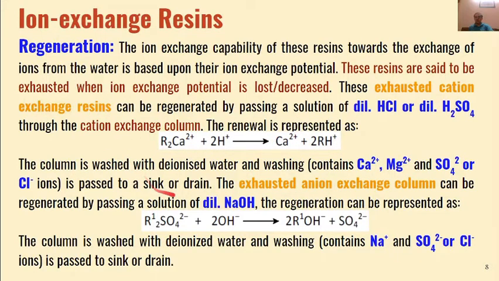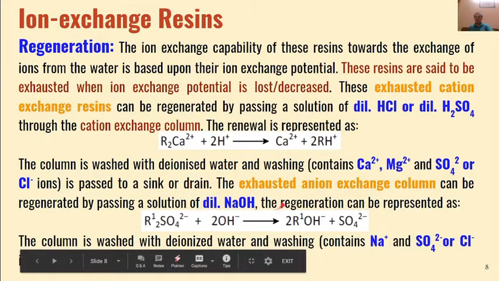Similarly, an exhausted anion exchange column can also be regenerated if we treat it with dilute sodium hydroxide. And we know that the hydroxyl ions present in sodium hydroxide will be exchanged with the resin, and the sodium sulfate will be removed.